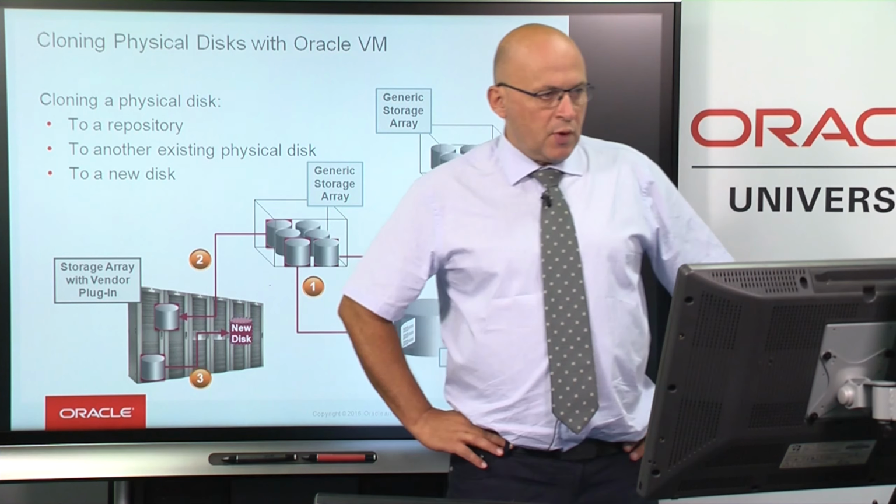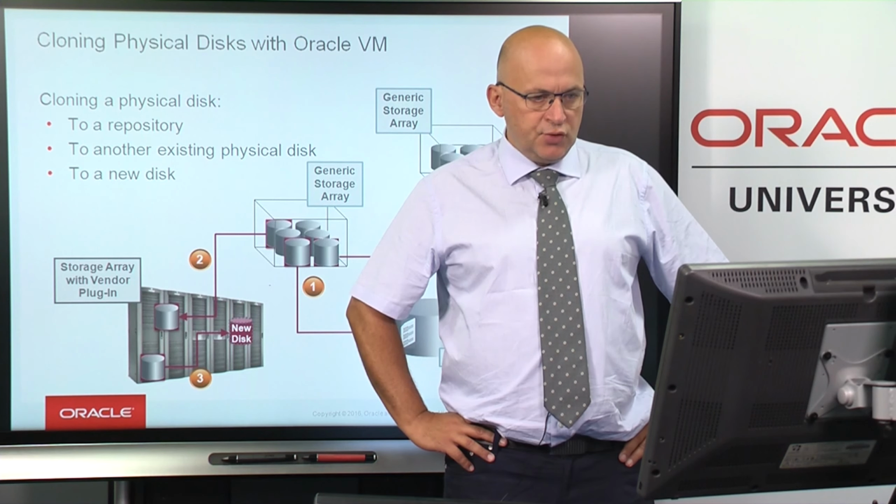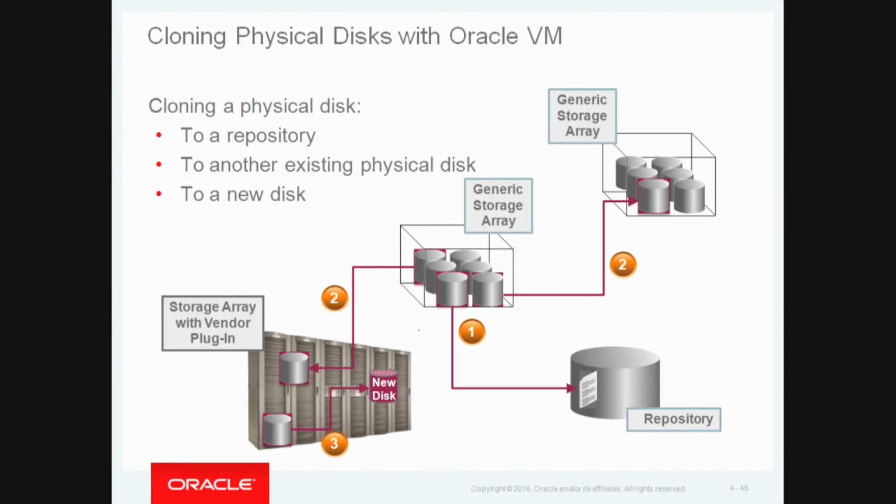So we can start to clone a physical disk to a repository. This is part number one. If you clone a physical disk to a repository, then you will create a virtual disk. Then you can clone a disk to another physical disk or to a new disk.